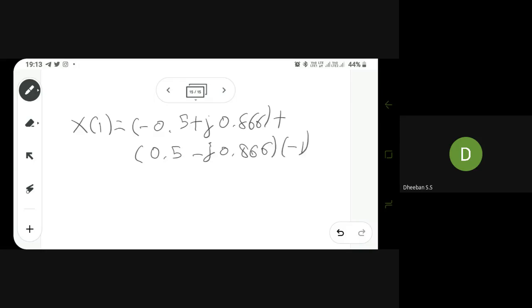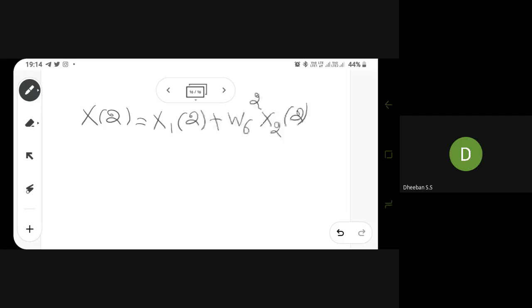So we'll be getting minus 1 plus j 1.732. And next, x of 2 will be equal to x1 of 2 plus w6 of 2 x2 of 2.